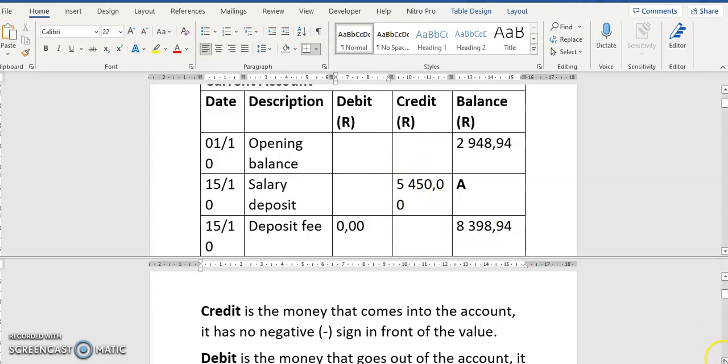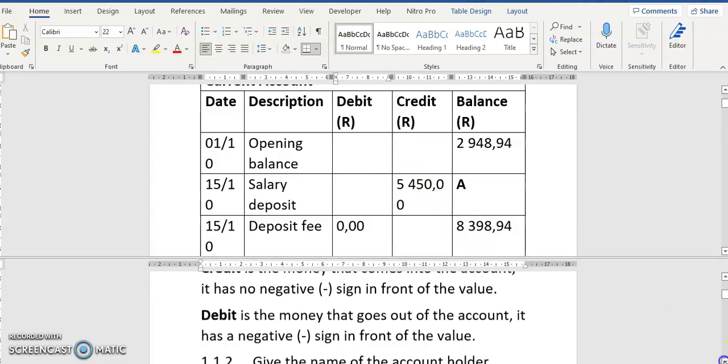Then the second one is debit. What is debit? It's the money that goes out of the account. Any money that leaves the account is debit. It has a negative sign in front of the value. Here I'm not putting negative because it's 0, and 0 is neutral.